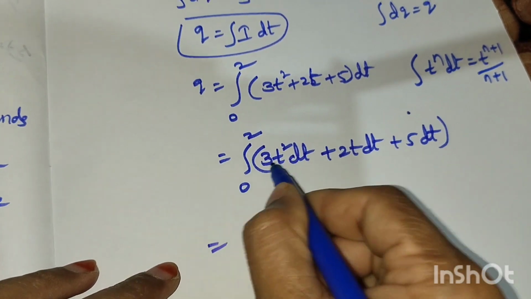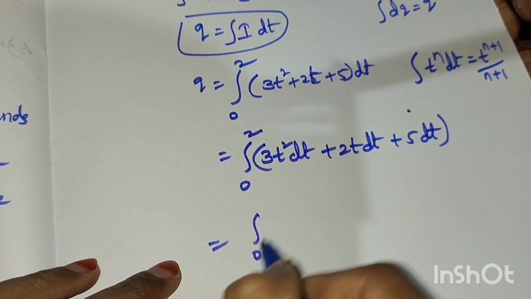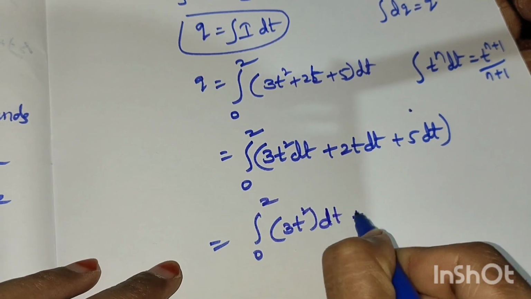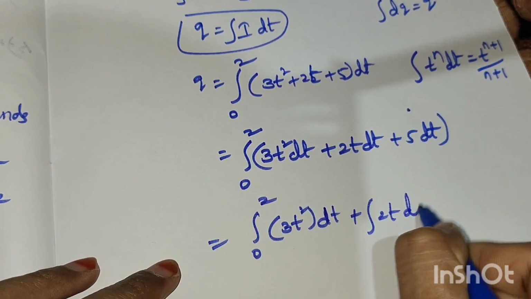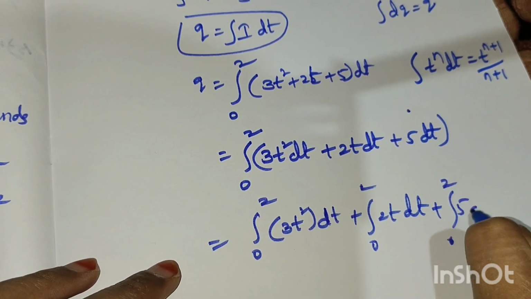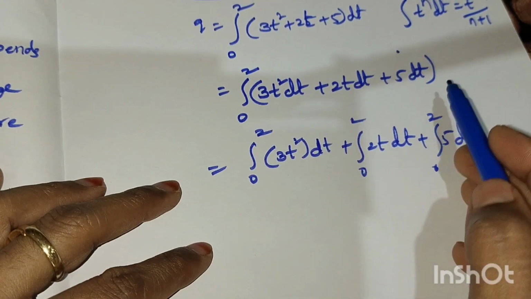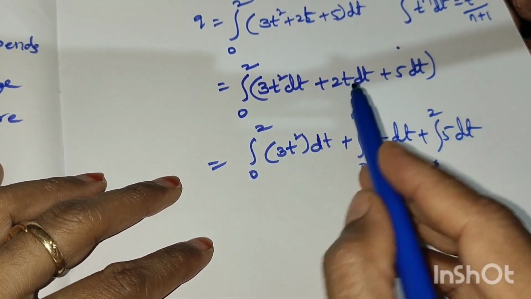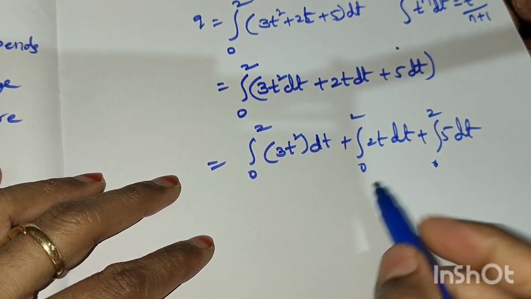So split the integration for each term: integral 0 to 2 3t square dt plus integral 0 to 2 2t dt plus integral 0 to 2 5 dt. You should multiply the dt with each term in the given value.